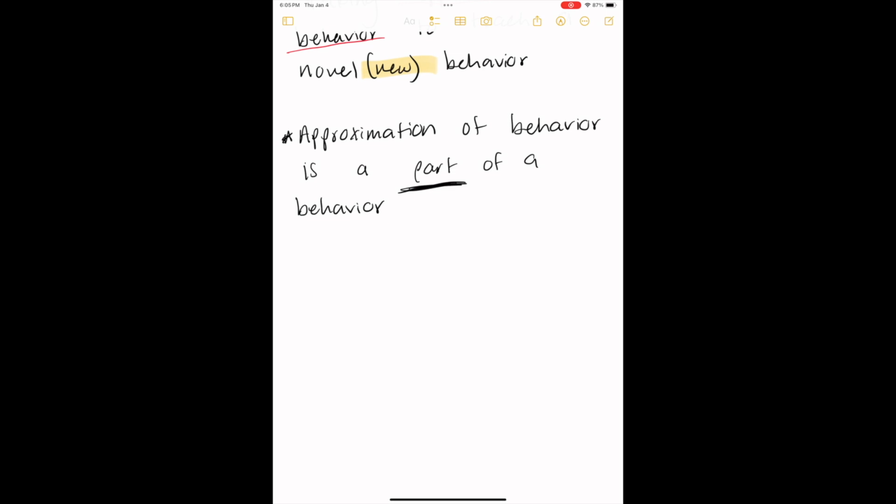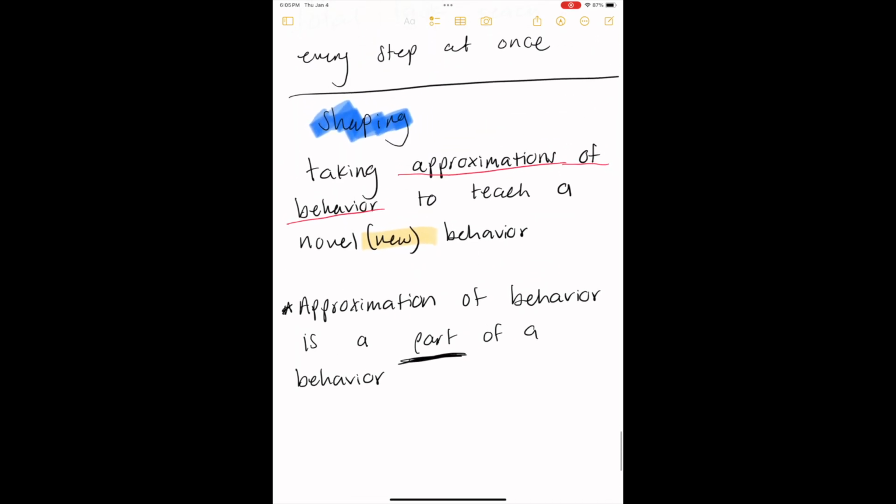That's shaping, right? Okay, they didn't say the whole word. They didn't say book. But what did they do? They gave you an approximation. They gave you part of that word. So you're going to reinforce that.